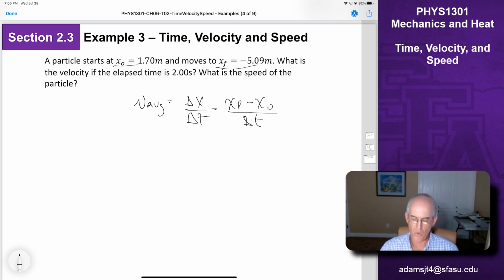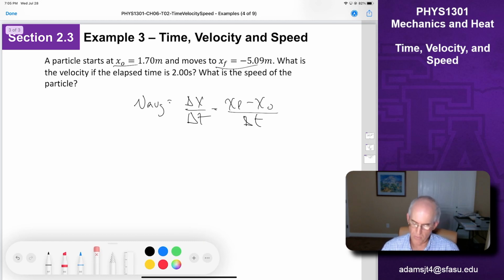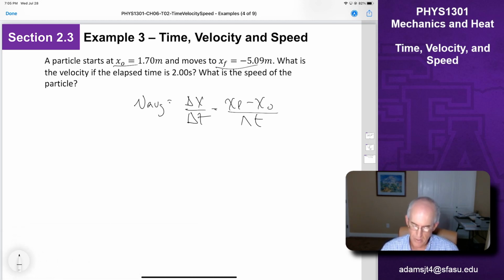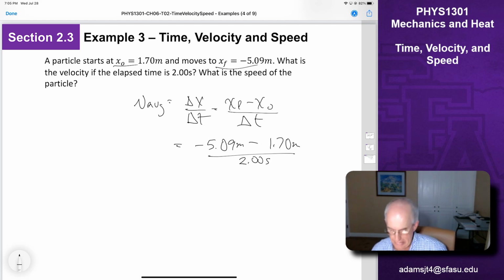If I plug in these numbers, actually here, let me clean that delta up just to make sure that it's legible. Well, I'm going to plug in my numbers for x sub f, minus 5.09 meters, minus x sub naught, which was 1.70 meters. I divide through by 2.00 seconds.